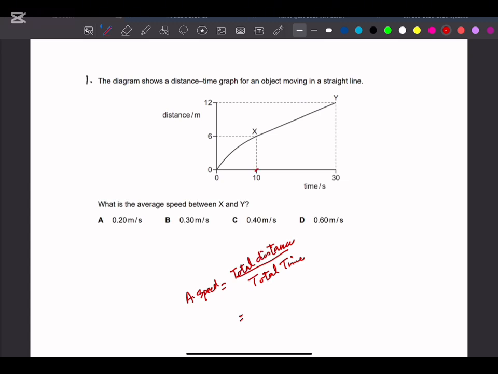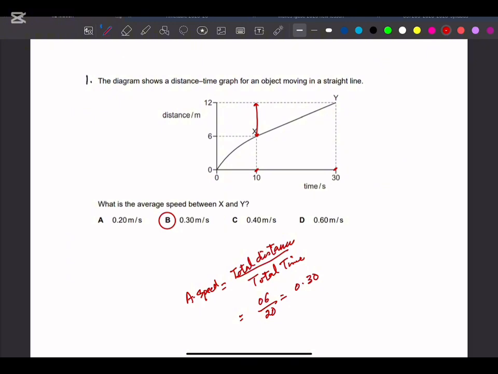Between these 2 points, the time is 20 and the distance is from 6 to 12. So simply you can say 6 divided by 20 will give you the answer. And when you calculate, you will get 0.30. So the answer is nothing but B. I hope it's clear. It's a very simple formula.